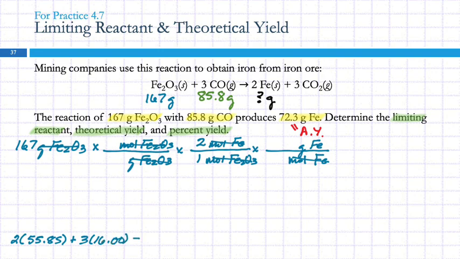And yes, you could just type that into your calculator and not write it down, but I highly encourage you to write it down, because then if you get the wrong answer, you can go back and look at how you calculated that, run it through the calculator again, and see if it was just a dumb button error. 2 times 55.85 plus 3 times 16, 159.7.